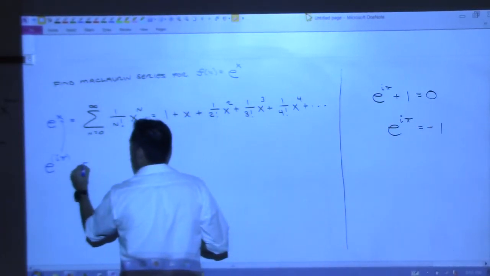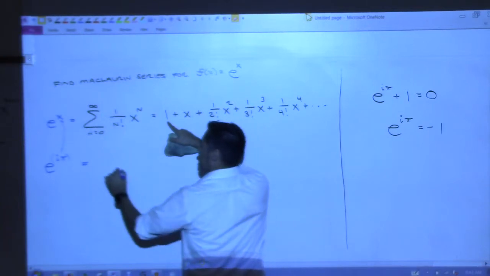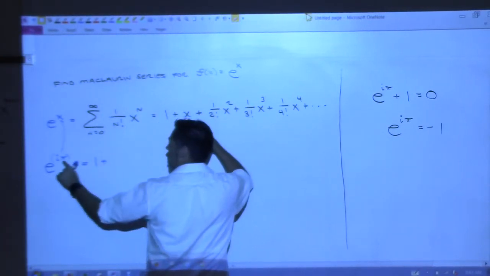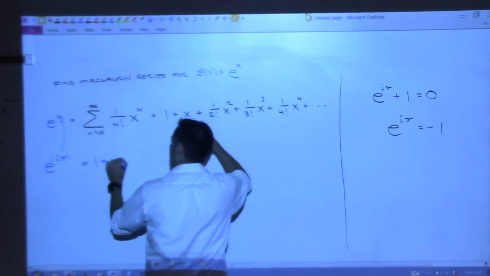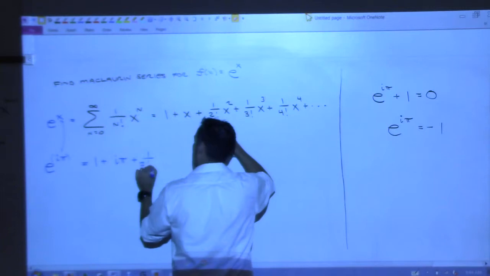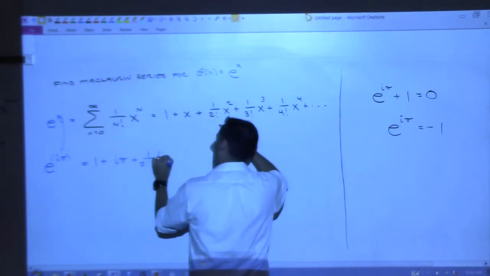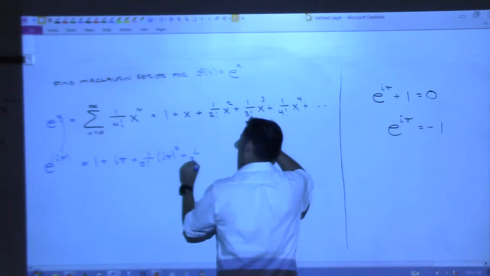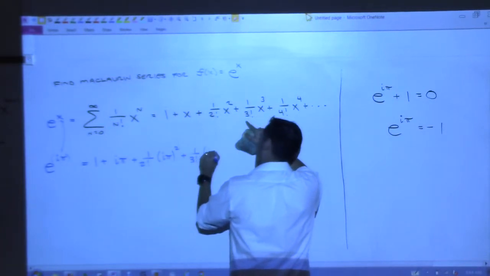So according to this formula, it's 1 plus x. X is i pi. Plus 1 over 2 factorial, i pi squared. Plus 1 over 3 factorial, i pi cubed.